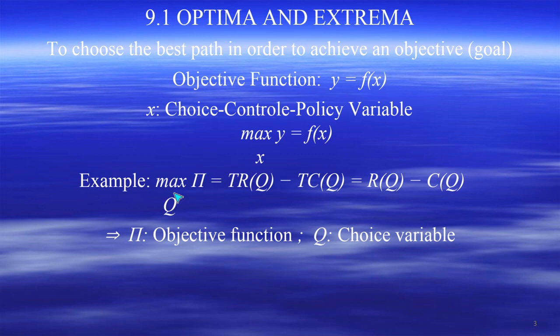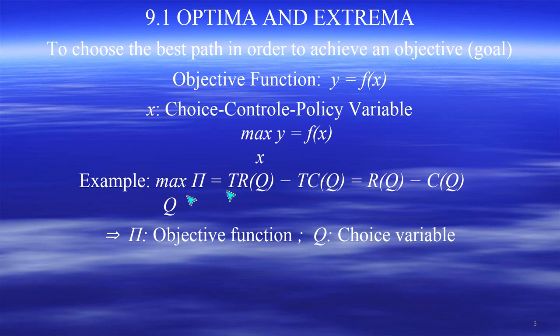This is a typical economic optimization problem, a maximization problem indeed. If it were cost, then we would minimize it. So, what is profit? The profit is total revenue minus total cost. Both total revenue and total cost are functions of the quantity produced, Q. So pi is total revenue minus total cost.